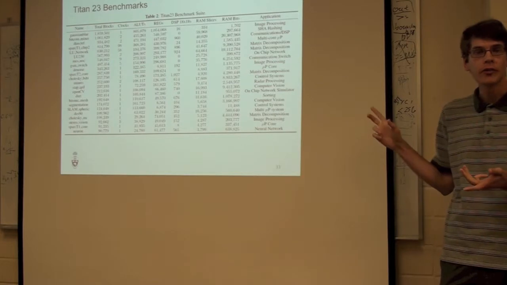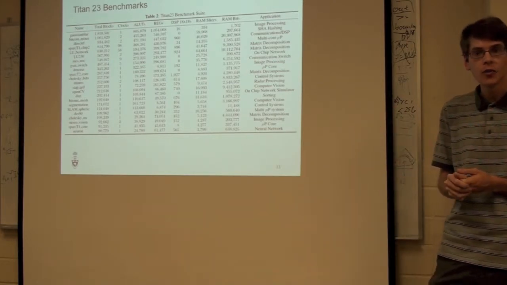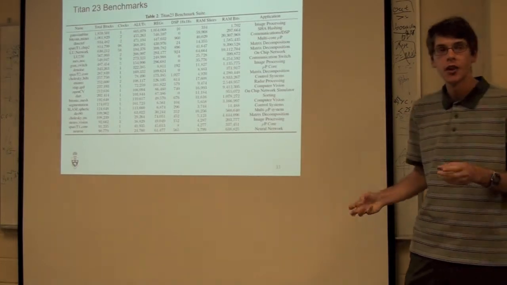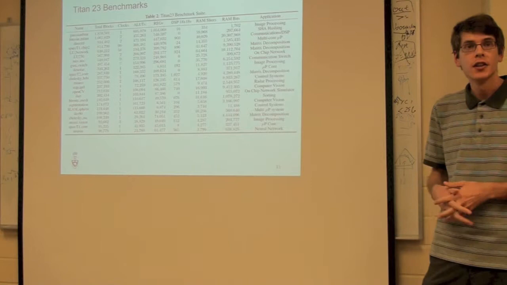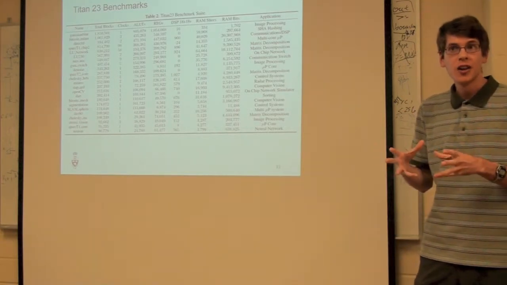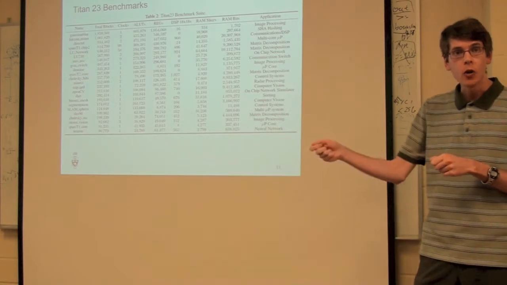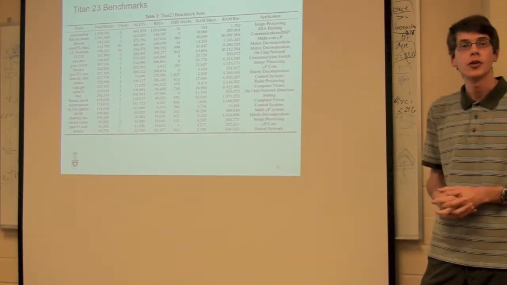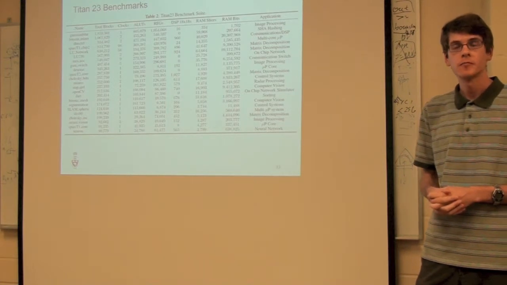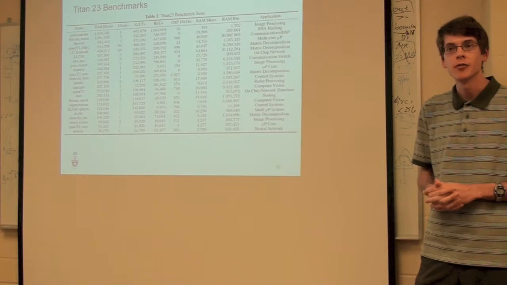We can only model uniform channels in VPR at this point. So we model everything as length 4 and length 16 wires in both directions. Also the connectivity in Stratix 4 is such that you can only get on the long wires from the short wires, and that's the kind of thing that we can't model in VPR at this point. So that's what I meant by improving the routing model.